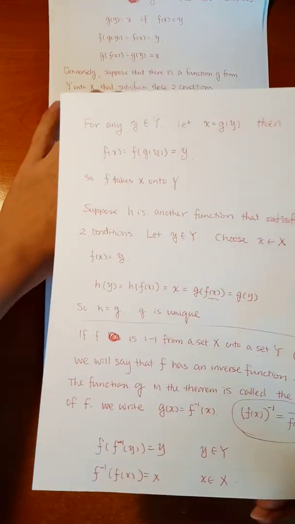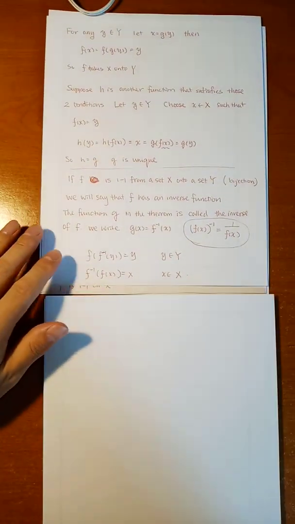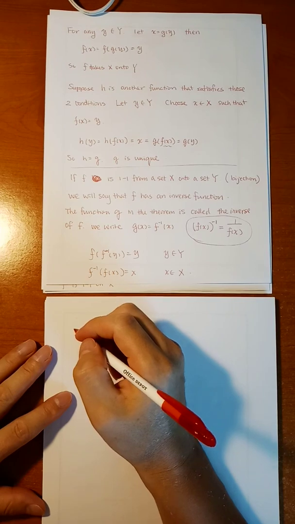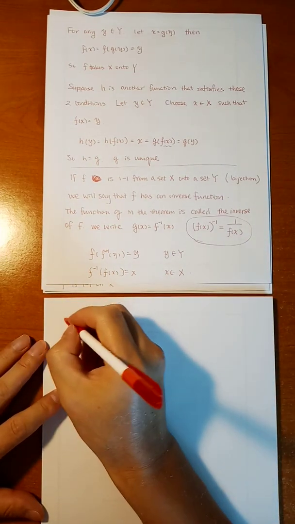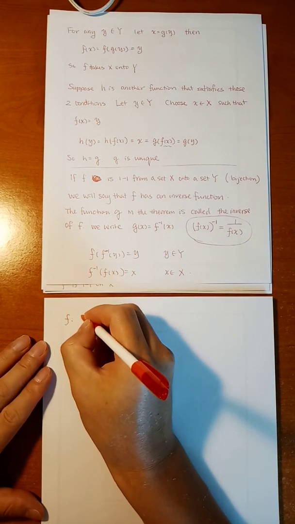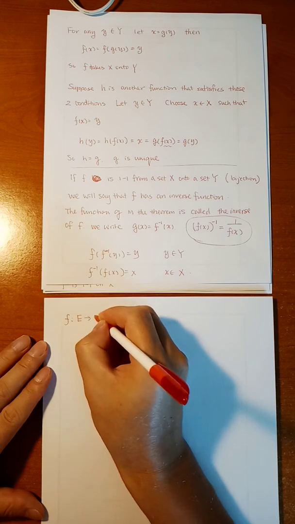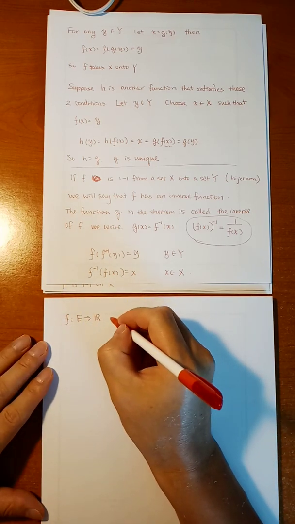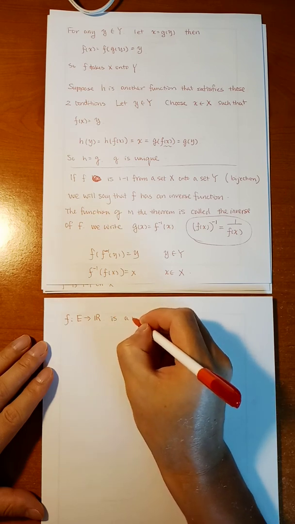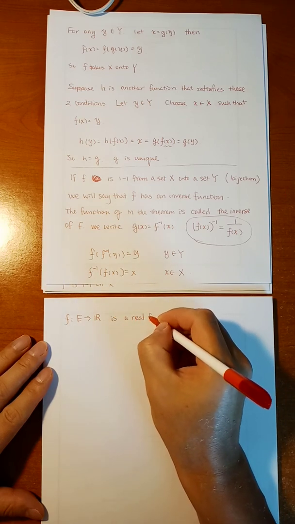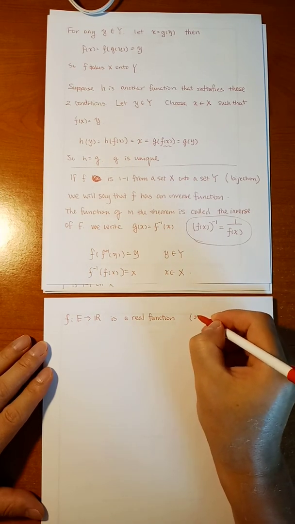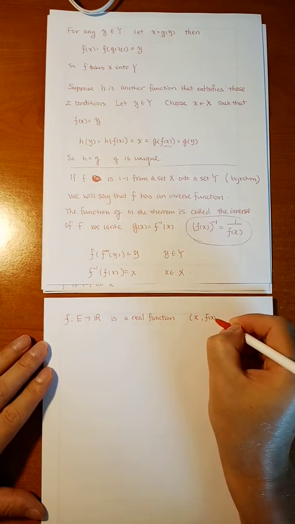And from calculus, we know that if we have a function, let's assume a real function, then we can get the point (x, f(x)).